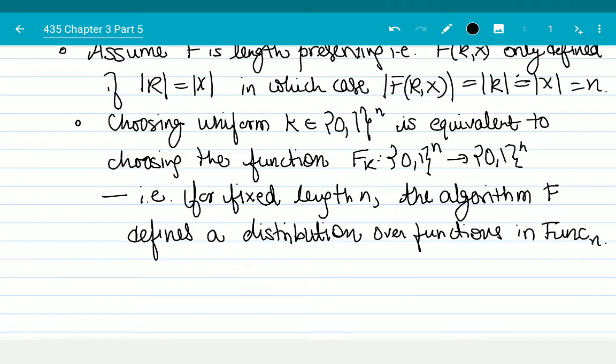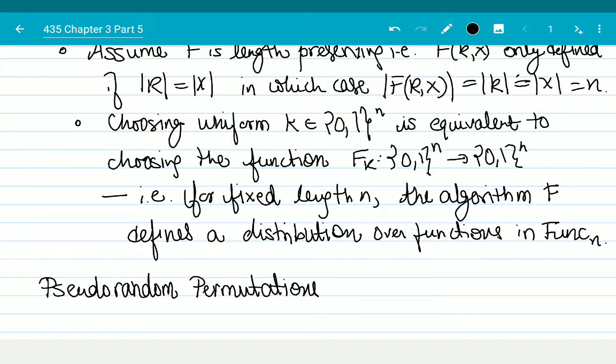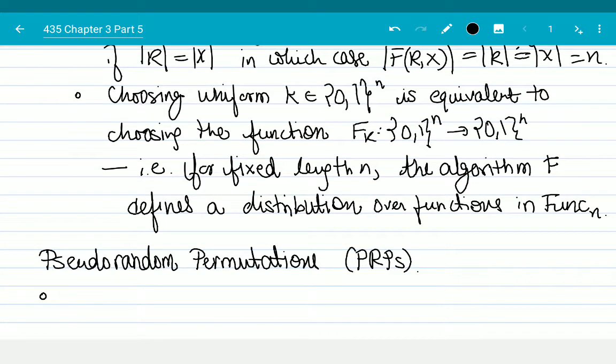Now we can, instead of saying that multiple things can map to the same thing, look at a one-to-one function. What are some of the most common one-to-one functions? Well, there are permutations. So we can look at pseudorandom permutations, PRPs. What is a pseudorandom permutation?